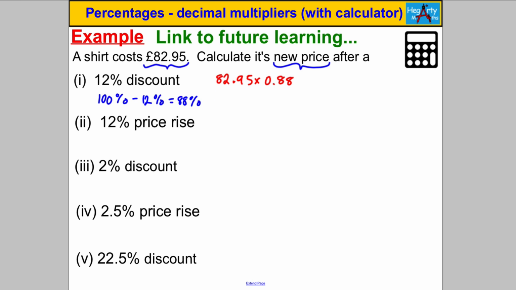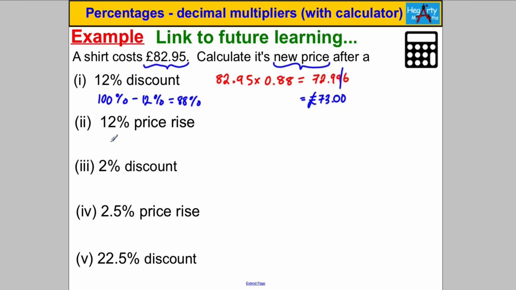So we get 72.996. Obviously, because it's to do with money, we've got to round that to 2 decimal places. That 6 makes that round up to 10, and basically this will therefore round to pounds. £73 and 0 pence. If we round up 99, we'll go to the next pound.